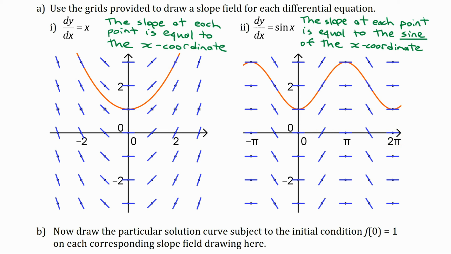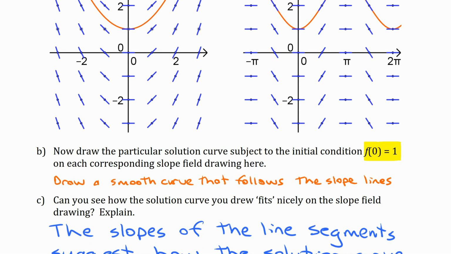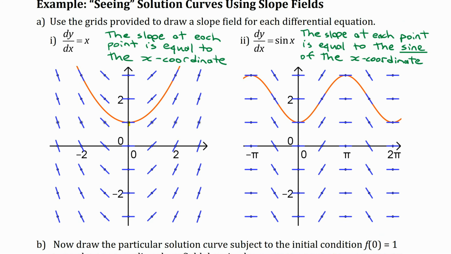So these 2 orange curves here are the particular solution that pass through this point. f of 0 is 1. So in this case, when f of 0 is 1, you pass through that point, and then you recognize it's going to go up from there. So you just do your best to try and draw the curve through there, right? And the same thing with this. If you're going to pass through this point, you know it's going to start to slope up because these lines are positive here, right?